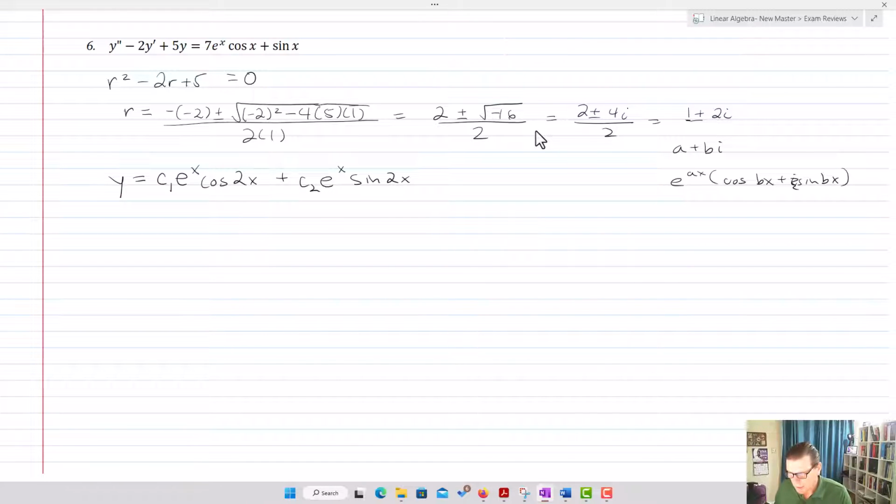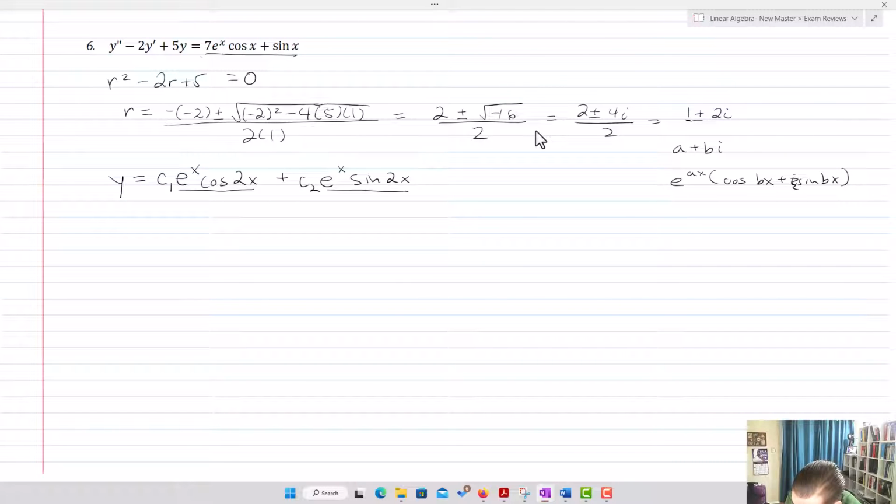Now what I want to do is take a look at my non-homogeneous part, 7 e to the x cosine x, and make a comparison to these two solutions. I'm going to see if I can find a trial solution, and once I have found a trial solution, whether or not I need to modify it based upon my homogeneous part. So I look here and I notice that I'm going to split this up.